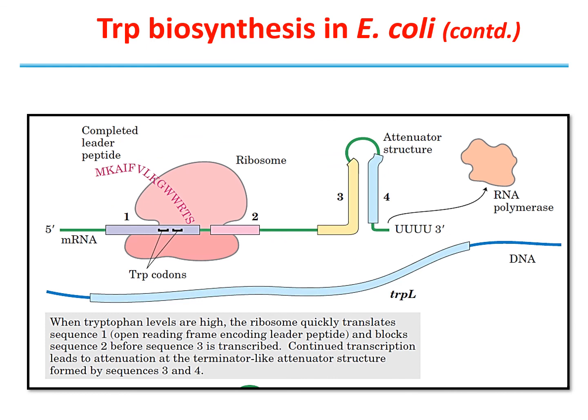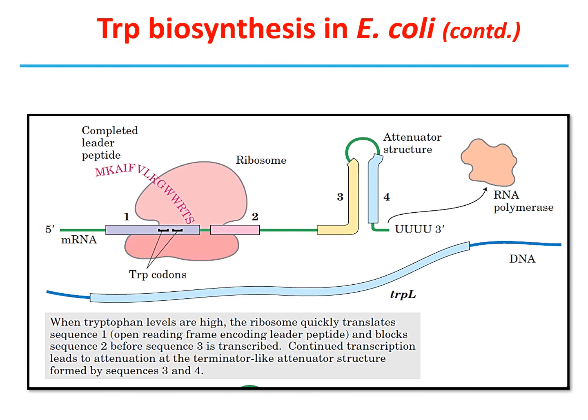Now the first scenario is when there is plenty of tryptophan available in the cell. When there is plenty of tryptophan, ideally the trp operon should not be functional. It should not be synthesizing the proteins required for the synthesis of tryptophan, and so it should be stopped. How to do that? If you remember, the first region of the leader sequence of the trp mRNA contains 2 trp codons.